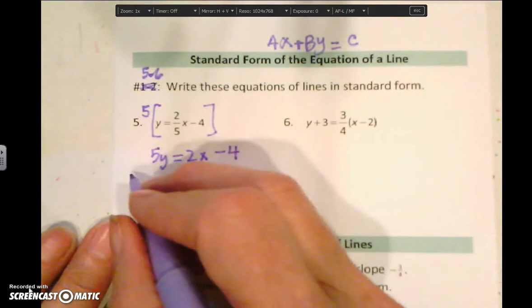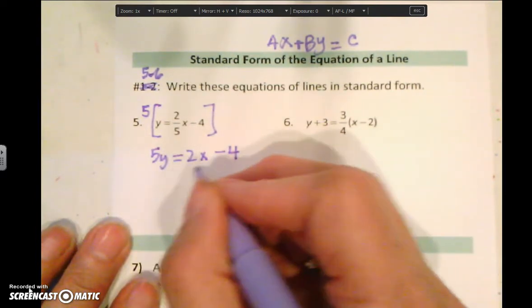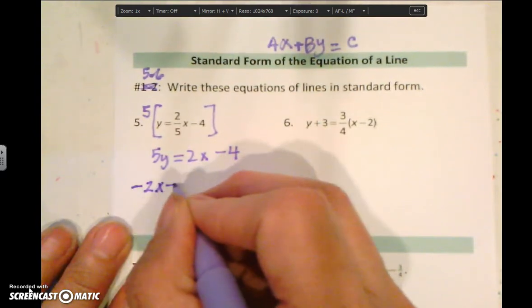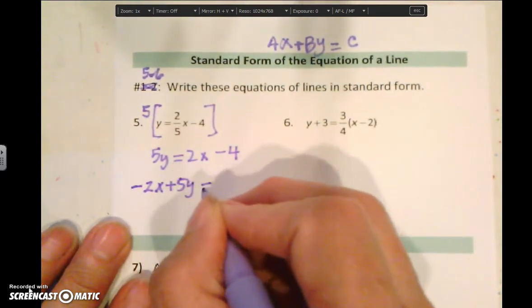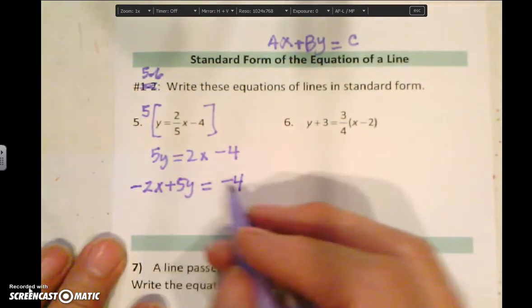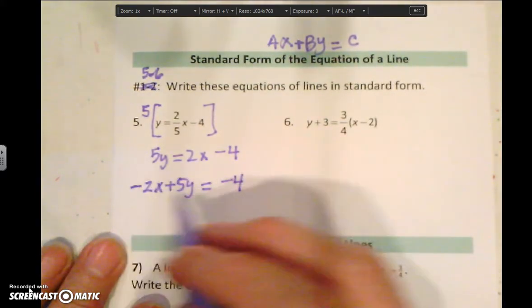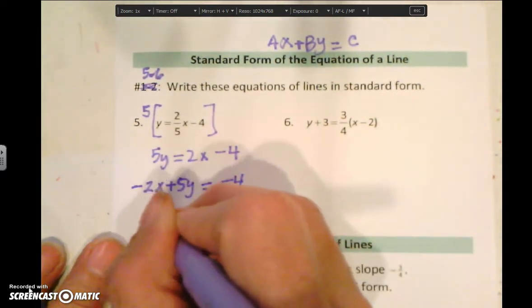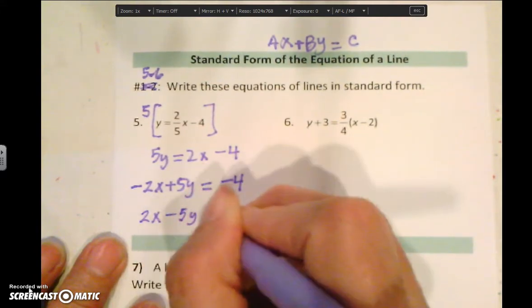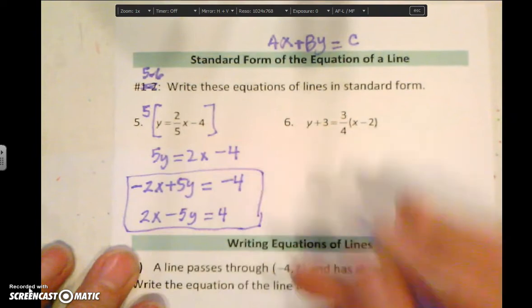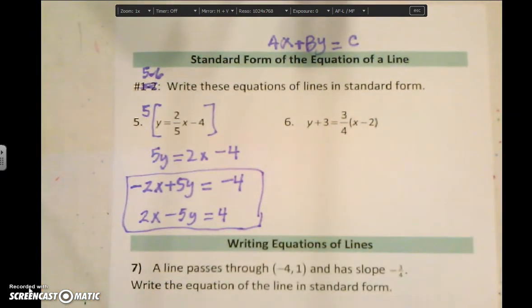Then I need to move my x over to the side with the y, so I'm going to subtract 2x from both sides, and I'll be left with 2x plus 5y is equal to negative 4. So this answer, or if I were to multiply through all this by a negative 1 and come up with 2x minus 5y is equal to positive 4, either one of those would be the correct answer.